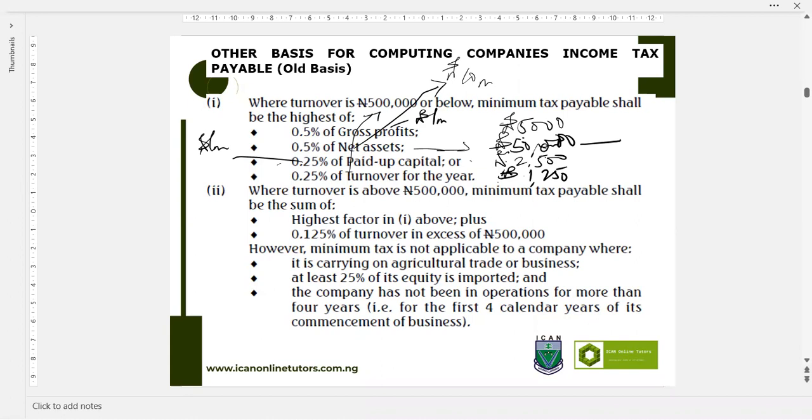So if our total turnover is, say, 15 million naira, what we do now is 0.125% multiplied by 15 million naira minus 500,000 naira. So we have 14,500,000 naira.